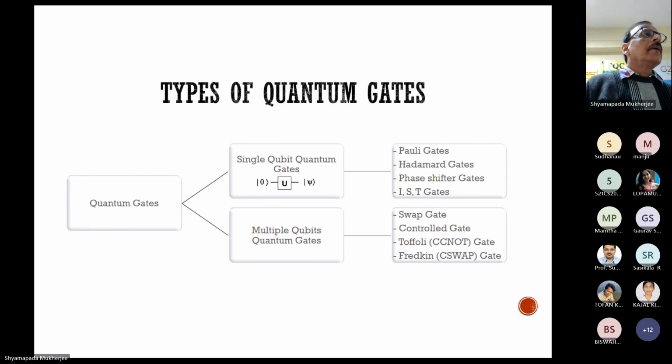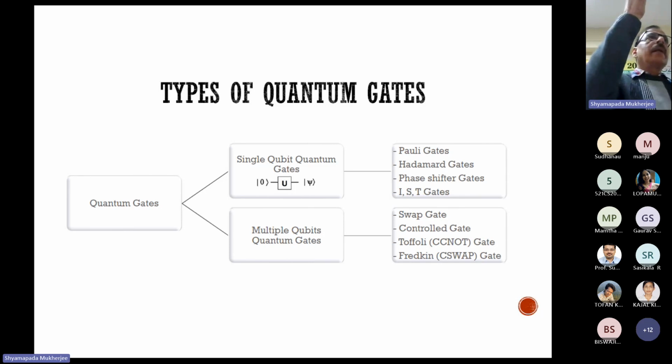Why? Quantum gate, because you take a Bloch sphere representation. I am talking about a single qubit gate. In the Bloch sphere representation, I put all my information in the 0 vector, that means on the north pole. Just imagine the geometrical figure. Then I apply some algorithm.